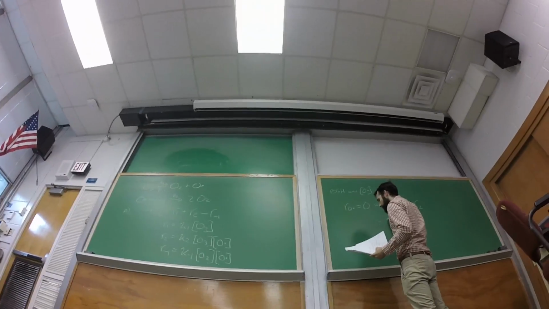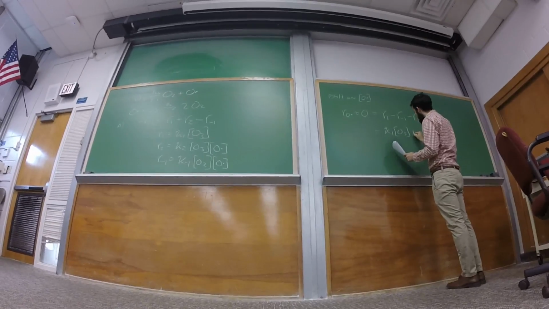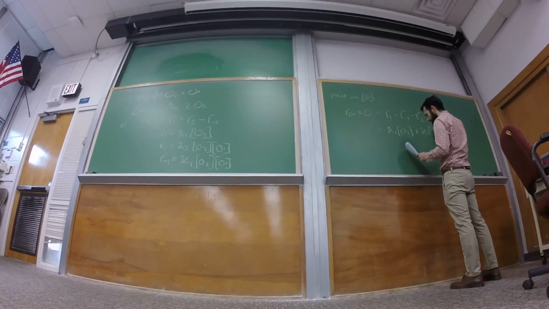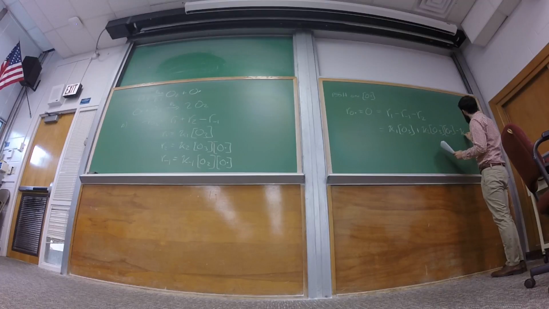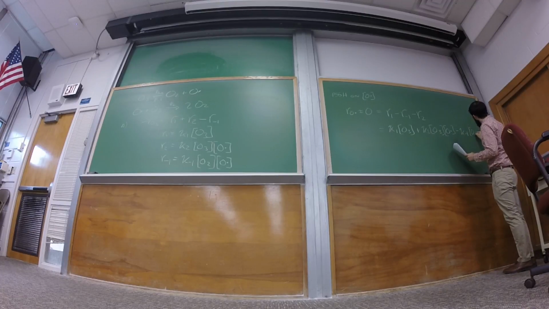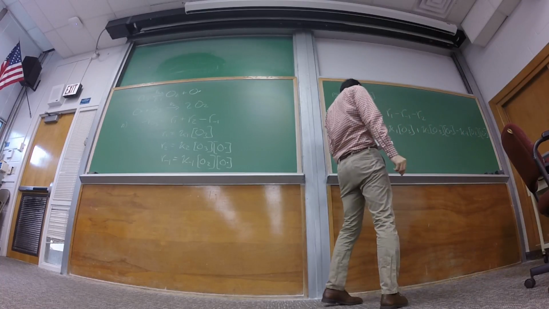0, and that is the rate of step 1 minus the reverse rate of step 1 minus the rate of step 2. You can substitute in again, that's equal to 0.